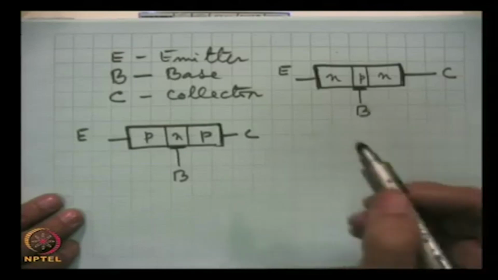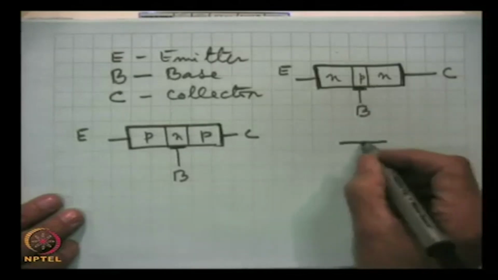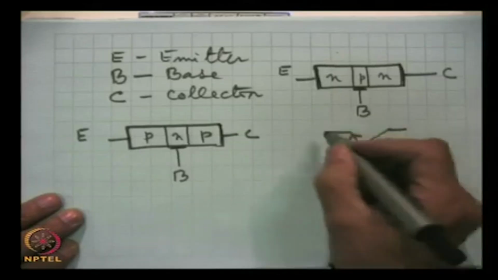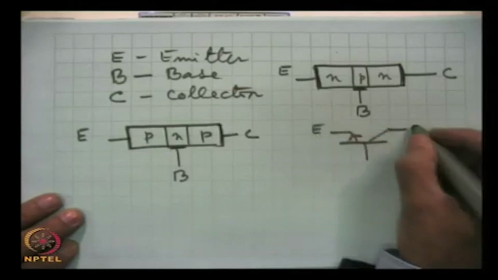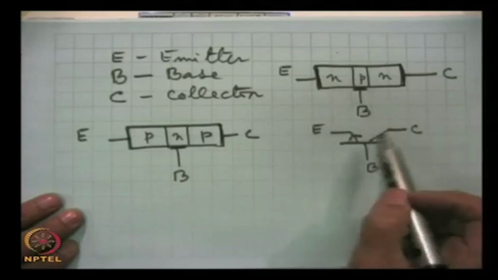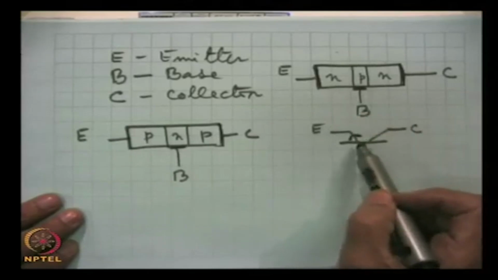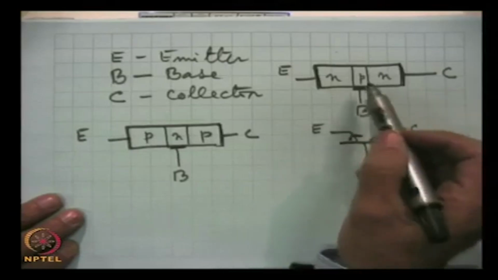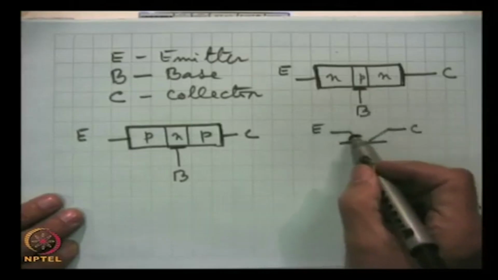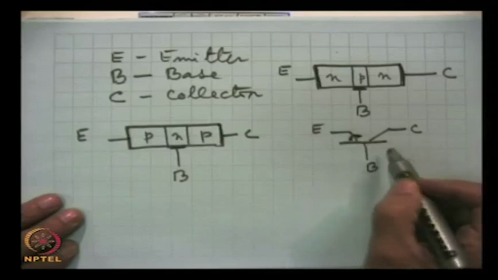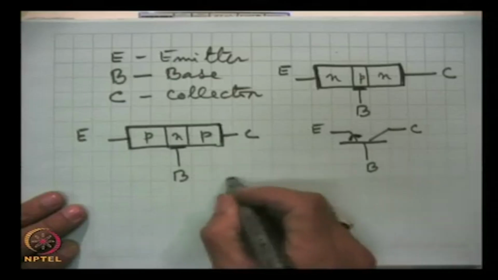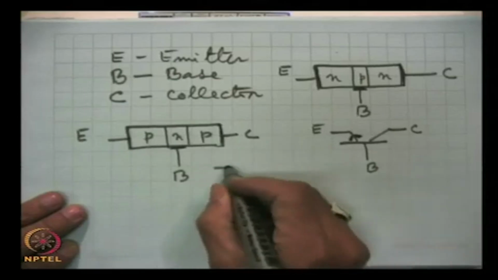The circuit symbol for an NPN transistor is this. This is E, that is emitter, collector and base. As we will see later, this direction of arrow is actually the direction of emitter current in the transistor. So, remember this arrow is pointing outwards in an NPN transistor and for a PNP transistor the arrow is in the reverse direction.